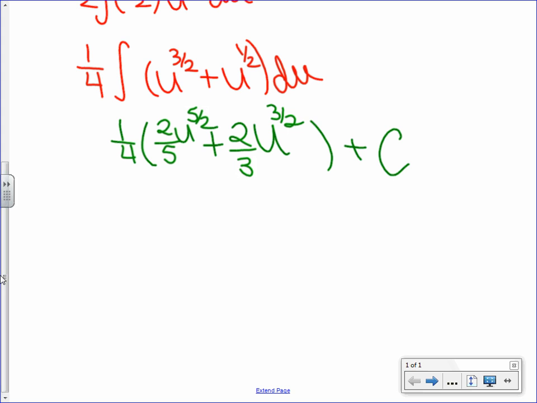All right. So, u to the 5/2 is 2x minus 1 to the 5/2. All right. Now, it has a coefficient of 2/5 that's being multiplied to 1/4.